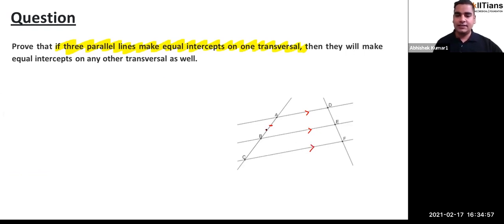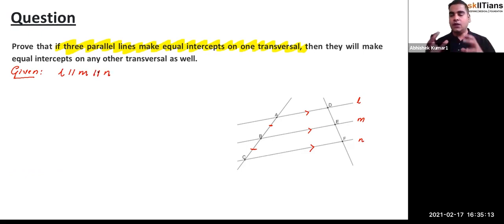Let me call this line L, this M, and this N. So we are given line L is parallel to line M, which is further parallel to N, or in other words, these three lines are parallel to one another.